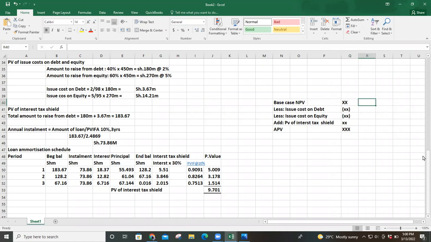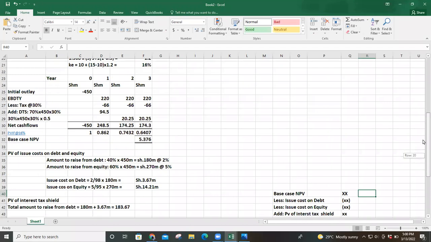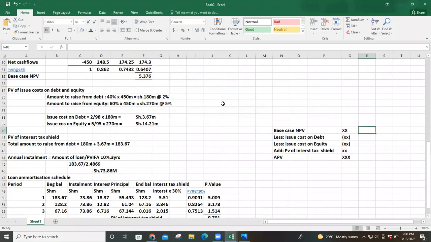So from our illustration, our best case NPV is 5.376.